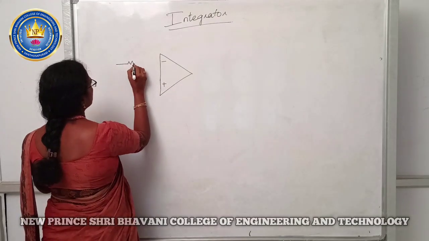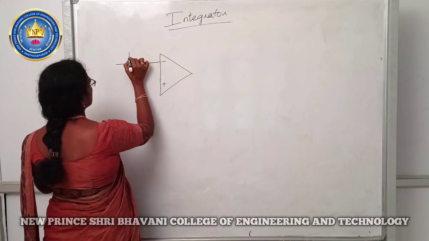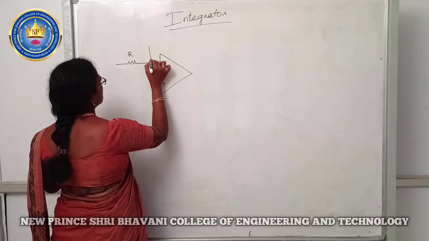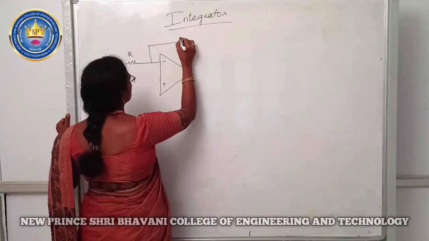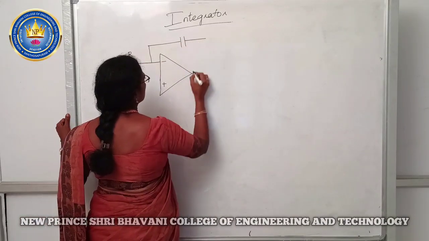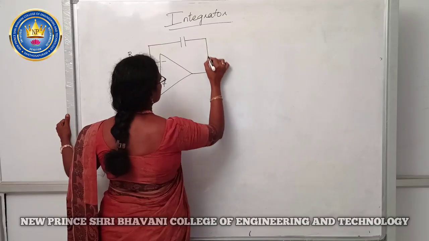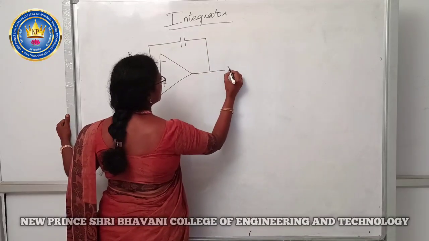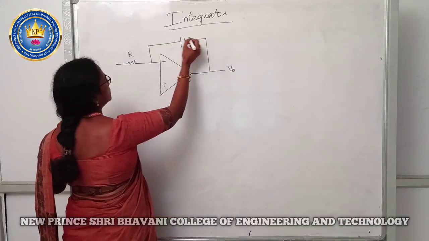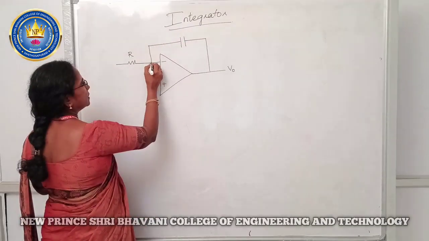To the inverting input terminal, connect the resistor, and a capacitor is connected from the output terminal of the circuit to the inverting input terminal.